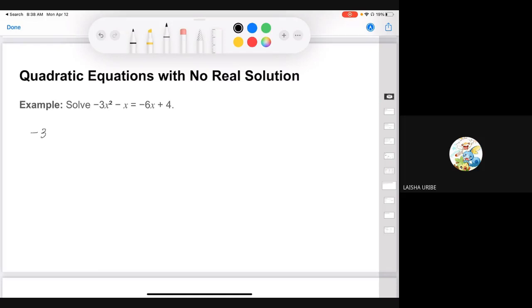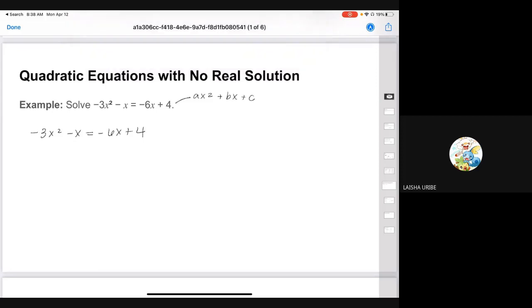So we have this equation. I'm going to go ahead and write it again over here. And me wanting it in standard form is that I want it in the terms of this. I want it to look like this. Okay? And so the first thing I am going to do is I'm going to move this over.